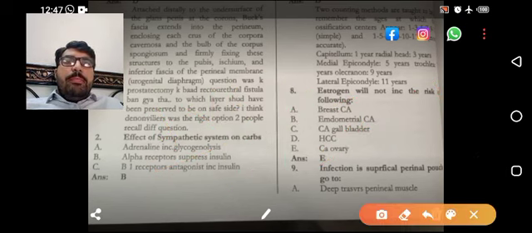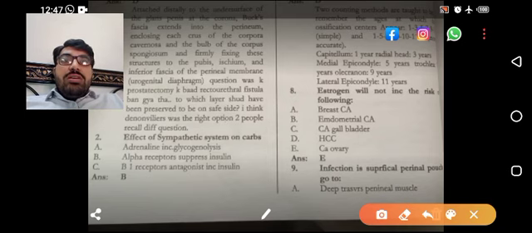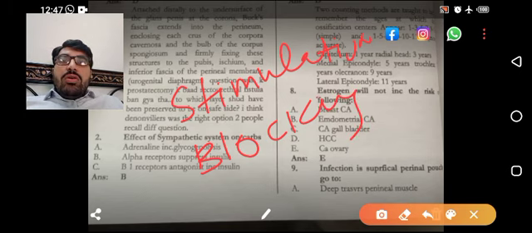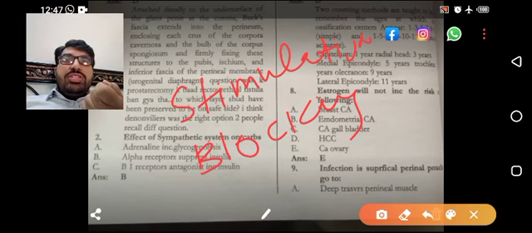But now you have to focus on the alpha receptor: stimulation or blocking? You have to focus on that. Whenever the person is having hypoglycemia, there is sympathetic stimulation, and that sympathetic stimulation then causes what?